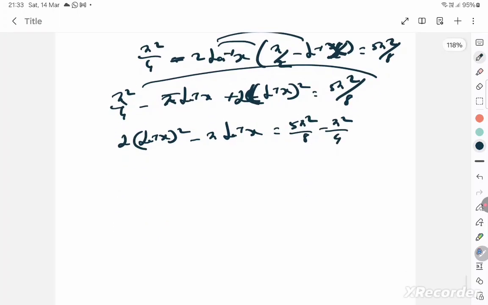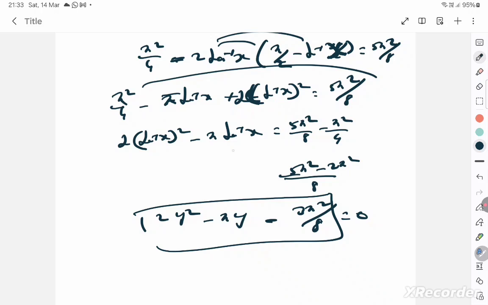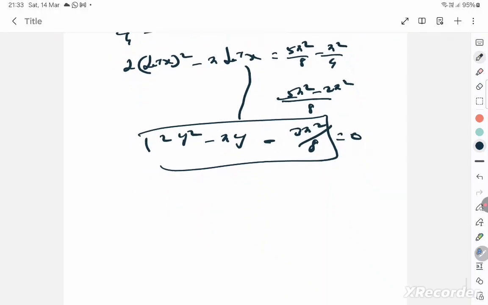So you can solve this. 8 is the LCM. 5 pi square minus 2 pi square is 3 pi square by 8. So you get 2y square minus pi y minus 3 pi square by 8 is equal to 0. You get a kind of quadratic equation where you assume tan inverse of x as y. Now you just have to solve this.